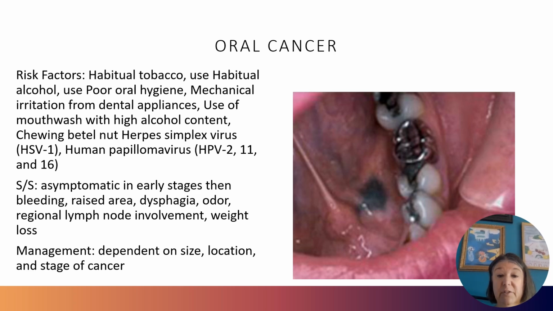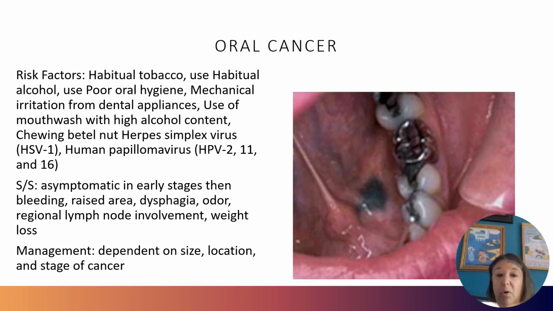So clinical manifestations usually affect the floor of the mouth or the tongue, usually asymptomatic at first. But as the disease process rolls on, you're going to see oral bleeding, maybe raised areas. Some of the pictures I saw almost look like canker or cold sores, right?